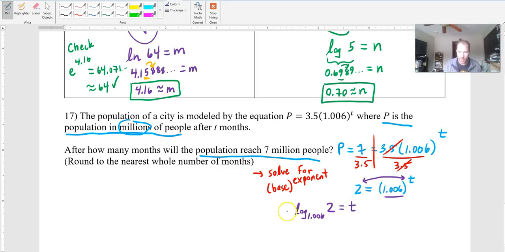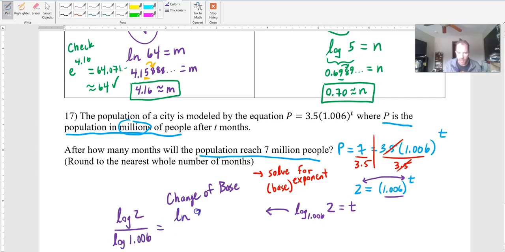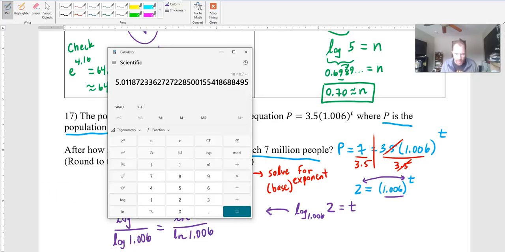But if we do the change of base formula, unless you have a fancy calculator that you can put in base 1.006, we could do either the common logarithm of 2 over the common logarithm of 1.006, or the natural logarithm of 2 over the natural logarithm of 1.006. I'll do it real quick both ways.